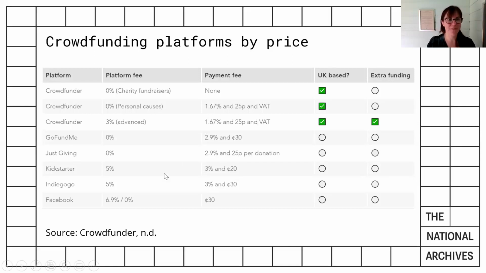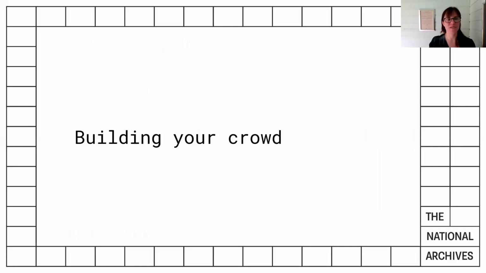I say bear in mind that one of the featured platforms is Crowdfunder, and the actual comparison table was put together by Crowdfunder, so it might not be completely independent, but it will give you a little bit of a taste of some of the platforms that are out there commonly used in our space and some of the comparative fees. Just be aware that it's interesting that Crowdfunder looks like the best on this one, doesn't it? So, like I said, really a takeaway for you to have a look at.